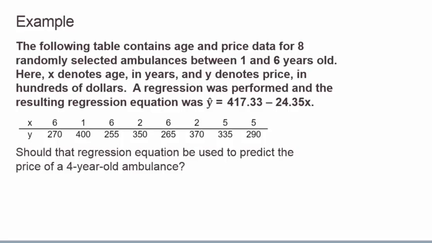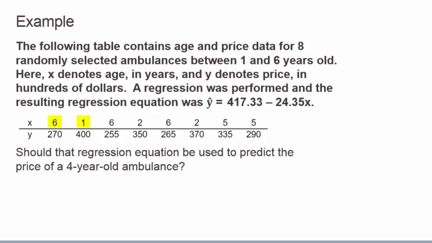Should that regression equation be used to predict the price of a 4-year-old ambulance? The lowest value for our data set for X is 1. The highest value for our data set for X is 6.